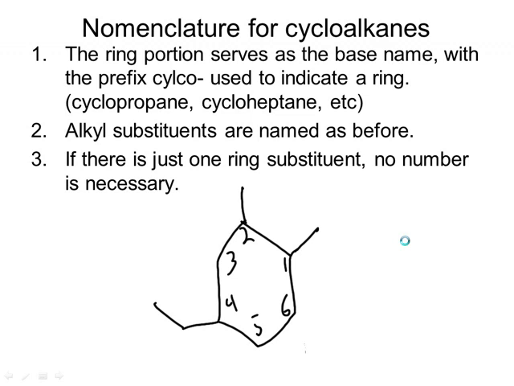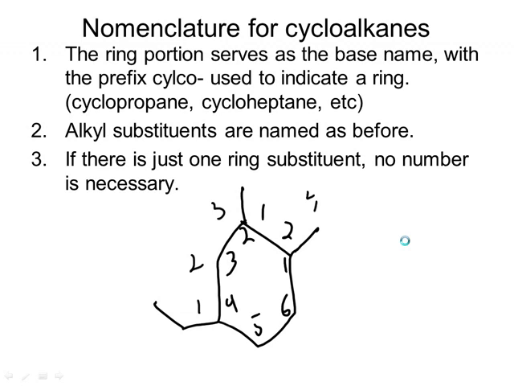If we went the other way, starting with 1, 2, 3, 4, 5, it wouldn't be as good. Likewise, if we started with the ethyl group, we would have 1, 2, 3, 4, which isn't as good either.